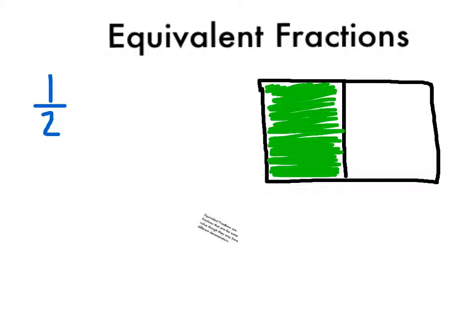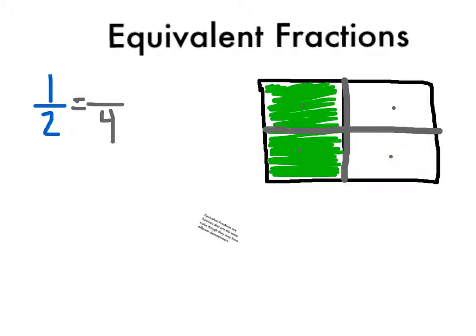Very good. I also know that if I cut my 2 parts into 4 parts, now I have how many sections? 1, 2, 3, 4. So my bottom number, my denominator, is now going to be a 4.